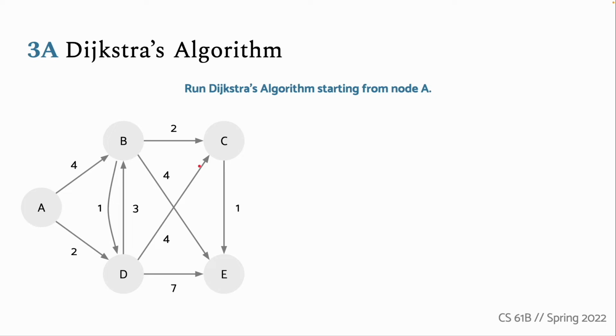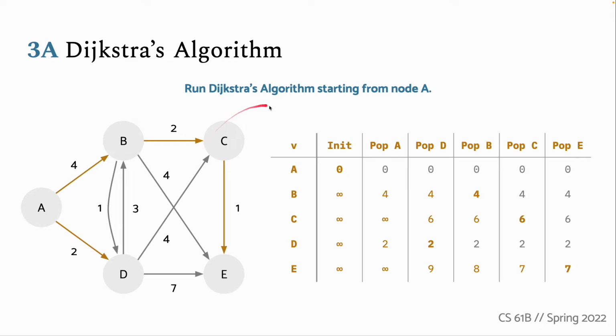Okay, let's move on to shortest paths. So first, let's do some mechanical running of Dijkstra's on this graph, starting from node A. Here is the array that you will set up. This is kind of our priority queue.